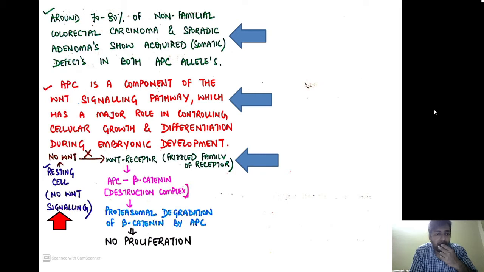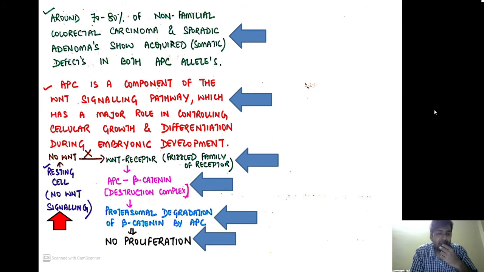In that situation, when the WNT is not available and there is no activation of the WNT receptor, the APC forms a complex with beta-catenin, and this complex is called the destruction complex. In this complex, there is proteasomal degradation of beta-catenin by APC, so there is no proliferation.